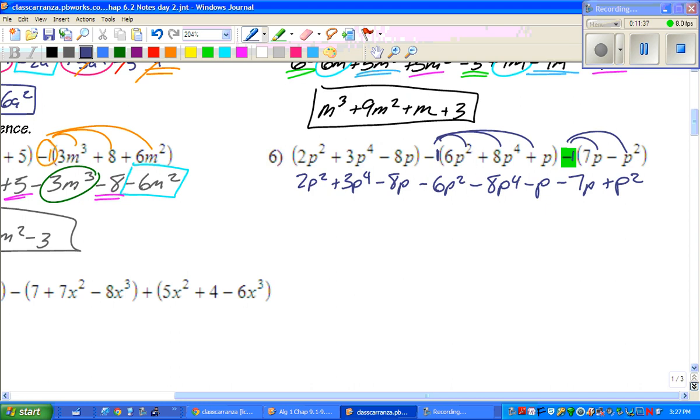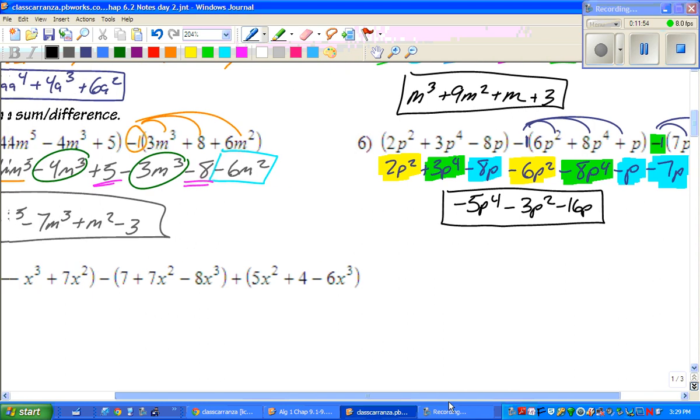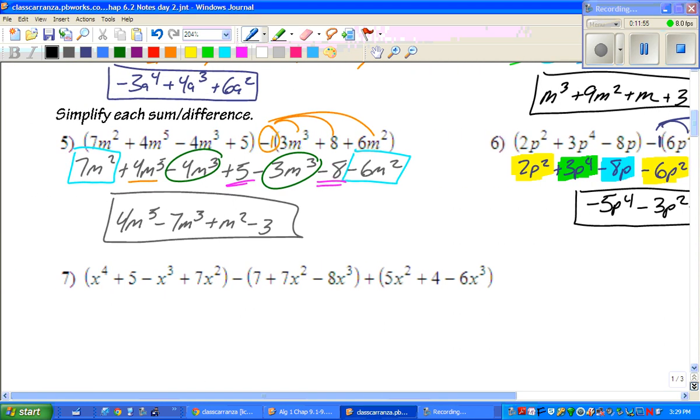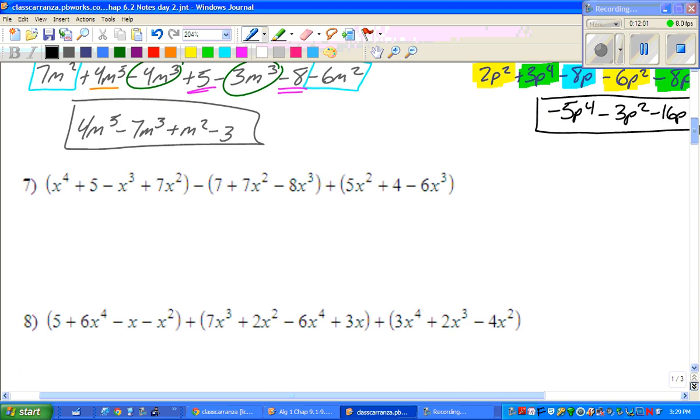All right, see if you can find the like terms and simplify. And there you go. Okay, you can kind of see all the color coordinating that I did to get all the answers for that. Now, number 7, you are all on your own.